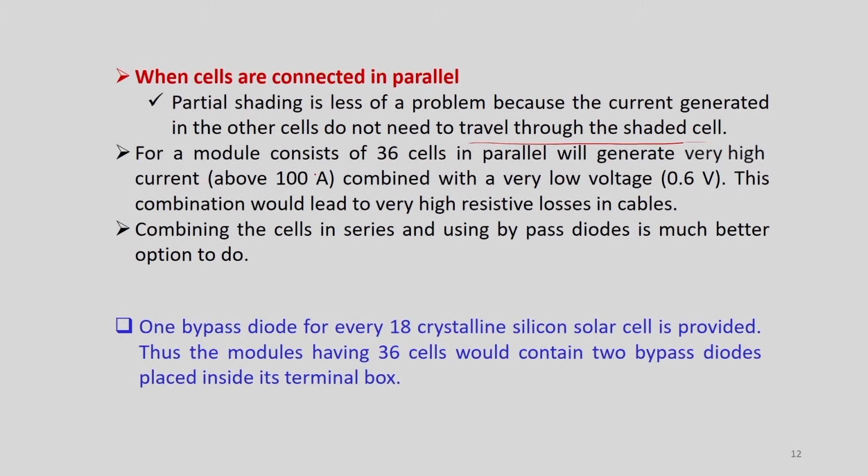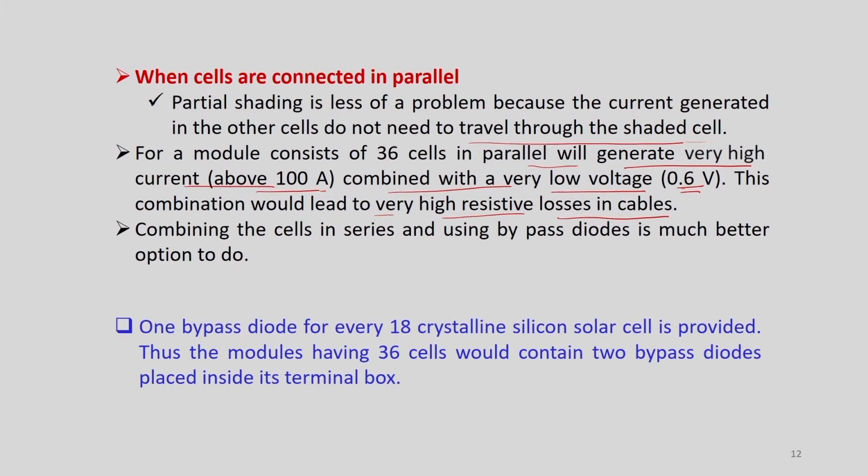For a module consisting of 36 cells in parallel, it will generate a very high current above 100 ampere, combined with a very low voltage of about 0.6 volt, okay. This combination would lead to very high resistive losses in the cable, so this kind of configuration is normally not preferred for these reasons, okay.